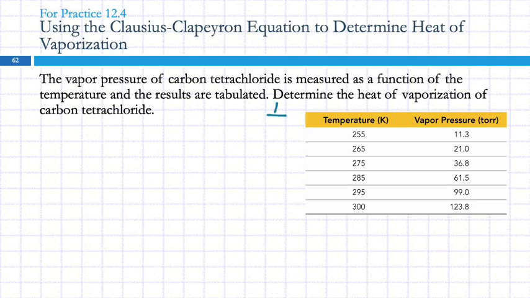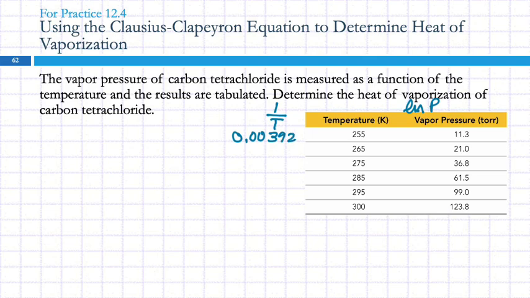So we would calculate 1 over the temperature for each of these values, 1 divided by 255. And over here, we want the natural log of the pressure. So I'll just do that first one. So 1 divided by 255, 0.00392.